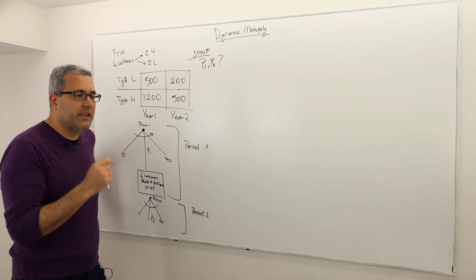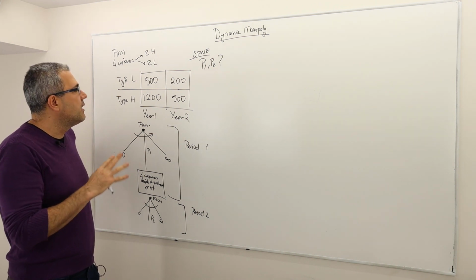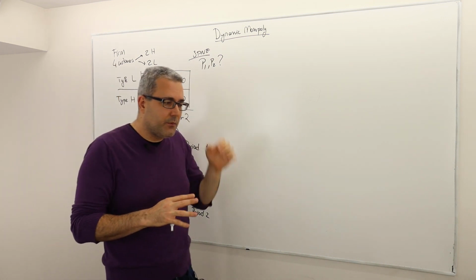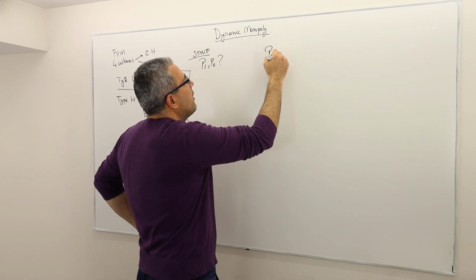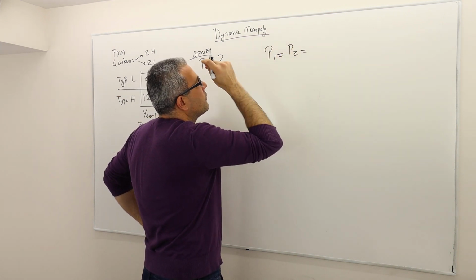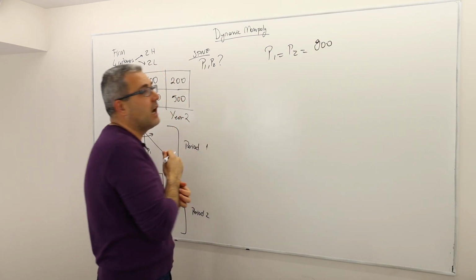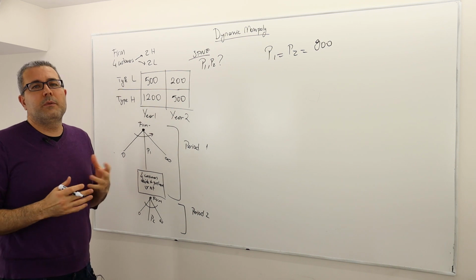But before starting the analysis, I think we need to understand a few things. For this reason, I am going to describe some examples. Let's suppose P1 equals P2 equals, I don't know, 900 dollars.